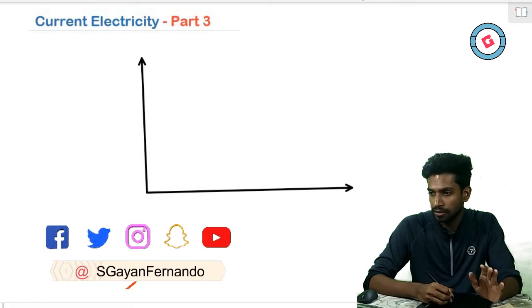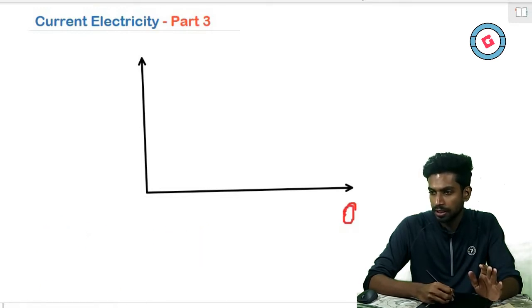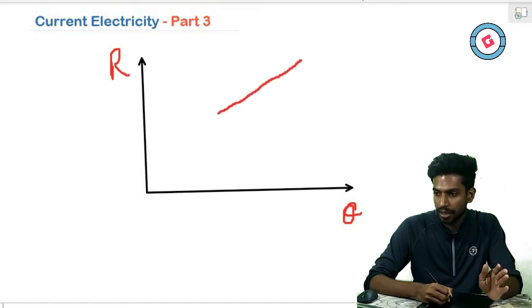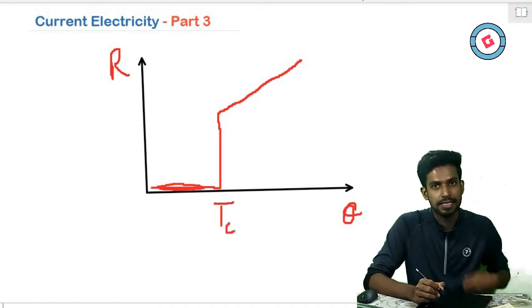That is, when this is temperature, this is resistance or resistivity. When we decrease temperature, the resistance will decrease, and at a certain temperature, it becomes absolute zero. That temperature is known as critical temperature, denoted by Tc.